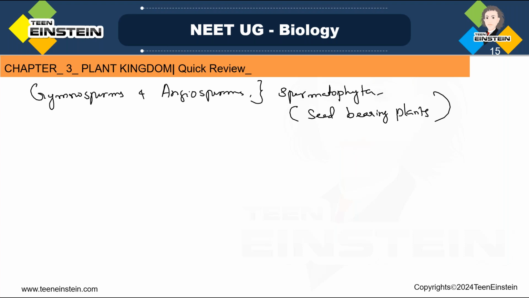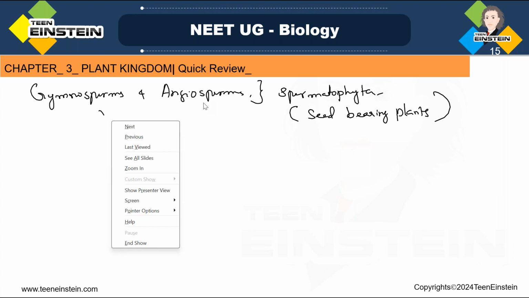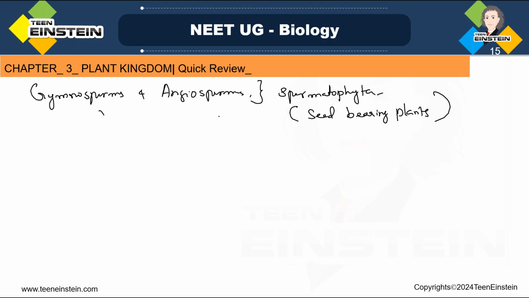But what is the difference? Gymnosperms have naked seed, and angiosperms have covered seed, right? So gymnosperms are naked seeded plants. There is no fruit formation in gymnosperms.